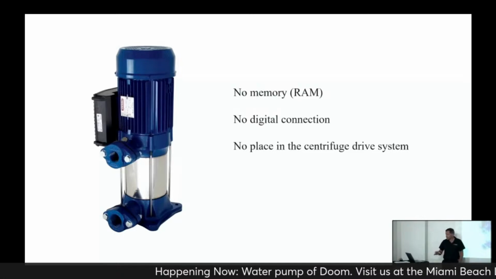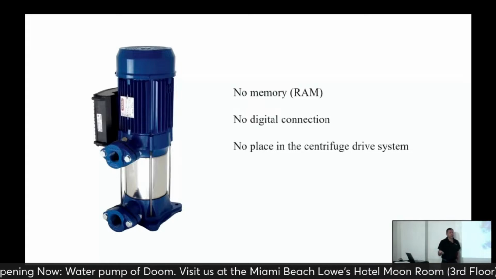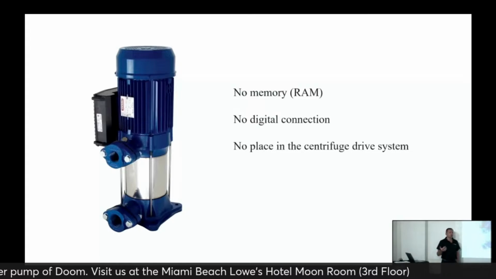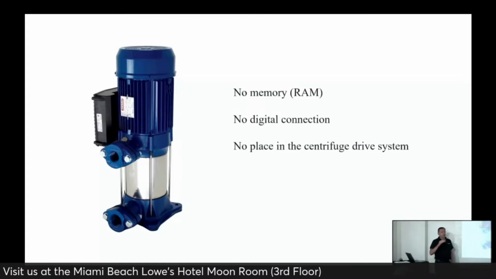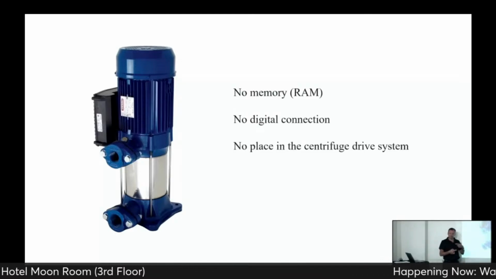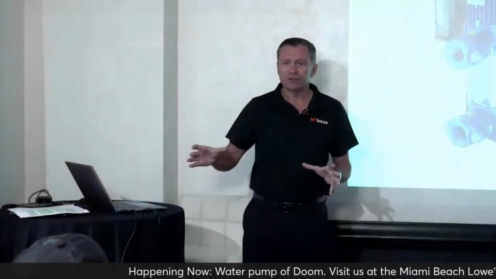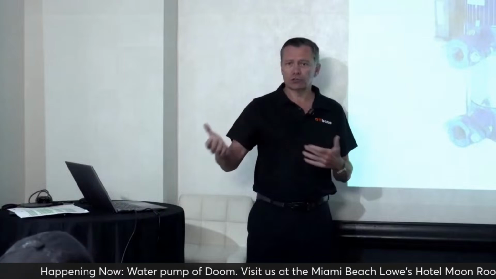So, in 2009, we saw the infection of the centrifuge drive system. The centrifuge drive system is what controls the speed of the centrifuges, okay? Now, the thing is, in that centrifuge drive system, there is no water circuit.